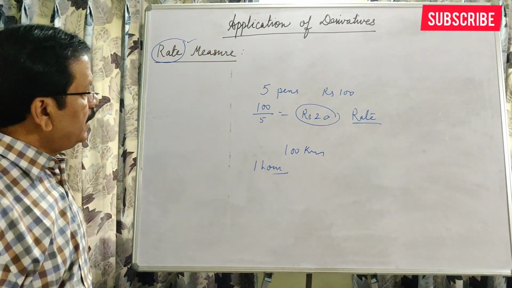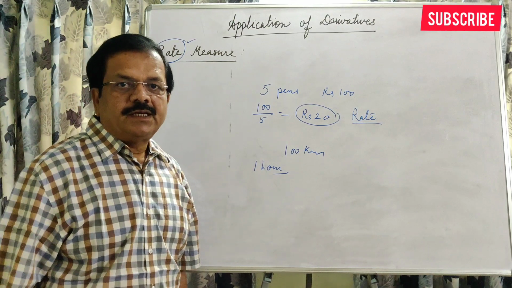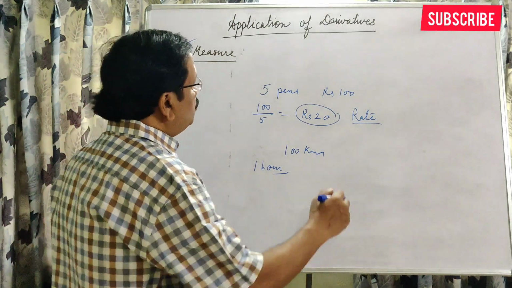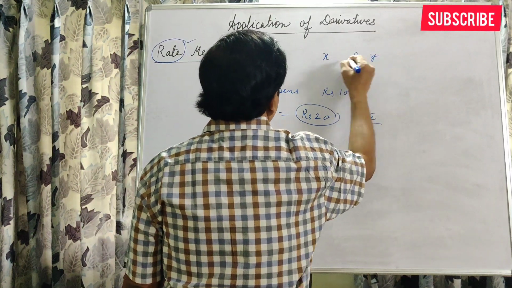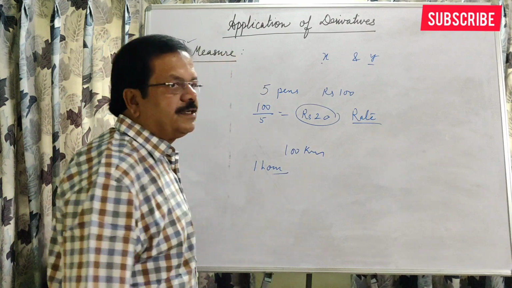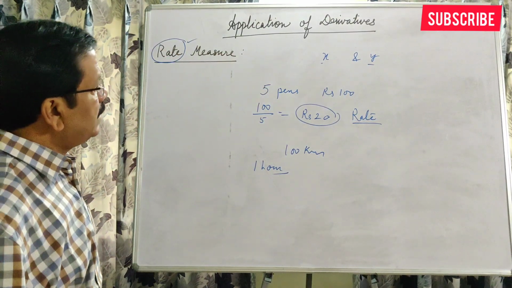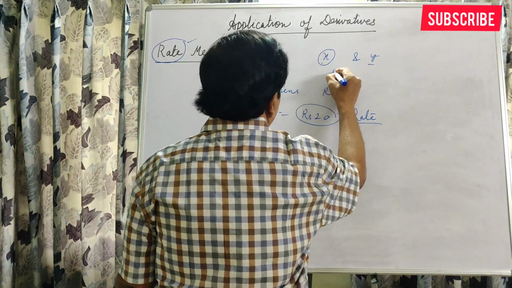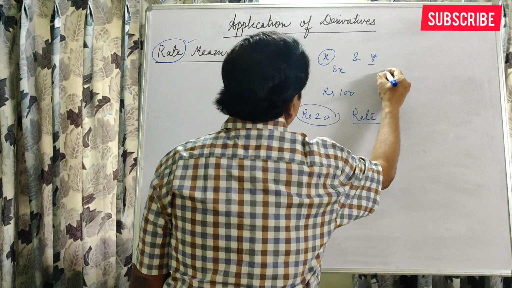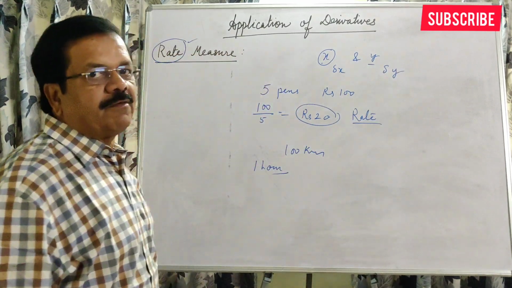Now, as far as derivatives are concerned, suppose there are two variables x and y, and these two variables are related with a certain relation. Then we can say that for a small increase in x, delta x, there is a small increase in y, and this is delta y.